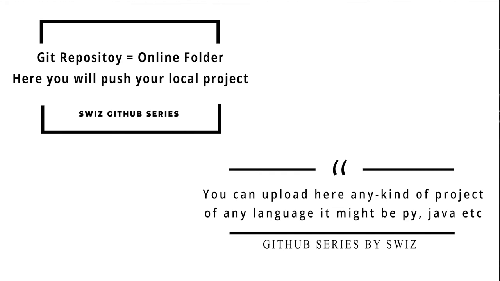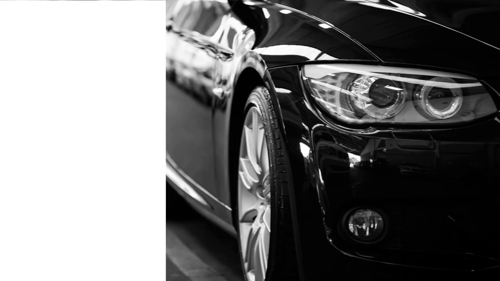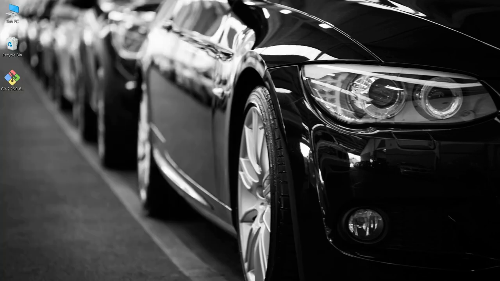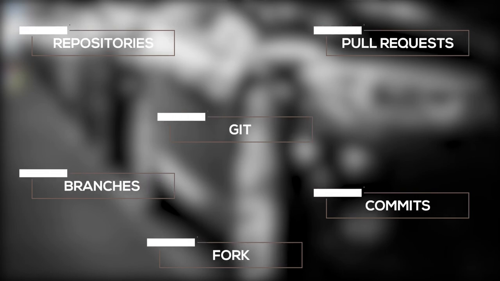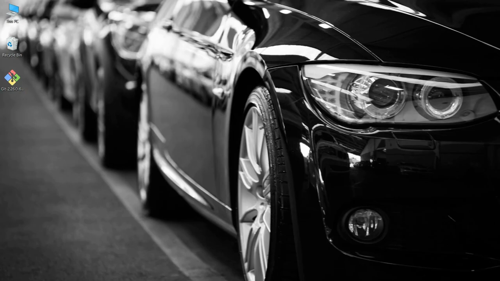So here you learn that GitHub is an online platform where you can manage your projects. That's all. Just be clear, okay? And whenever you move to GitHub, you will often hear these terms: repositories, branches, commits, pull request, git, fork, and indeed you will see a detailed practical video on it.